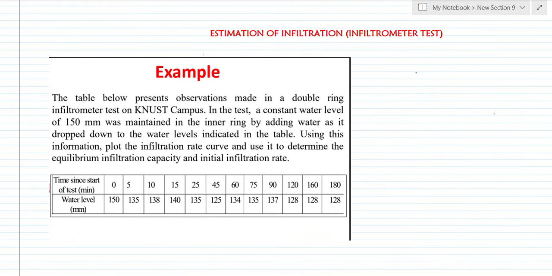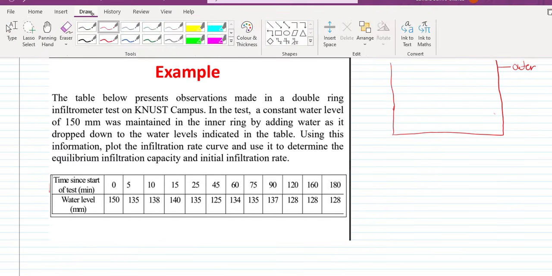Let me take it from the side view. The side view looks like this. Then we have the inner ring. This is the outer ring, and this is the inner ring.